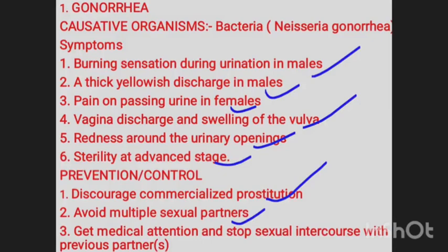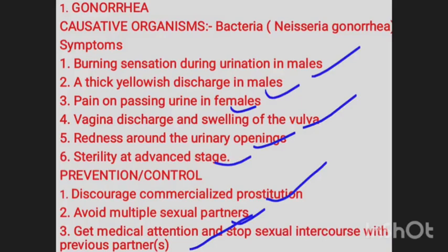Then number three, get medical attention and stop sexual intercourse with previous partner or partners, because it's better you stick with your wife or with your husband. But one who is flirting around or sleeping around with other people can easily contract this particular disease.